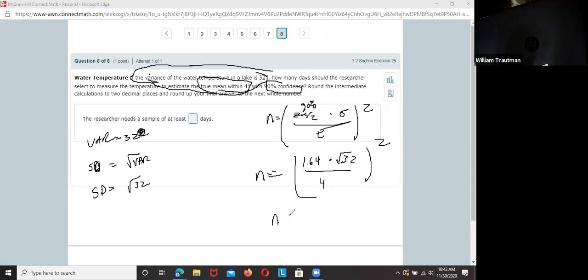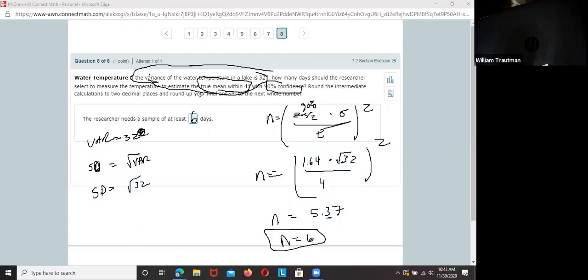And we get a very small number. I get 5.37. But remember, when you get any bit of a fraction, you have to take it up to the next whole number. So the sample needs to be at least 6, if I typed in everything correct. 1.64 times the square root of 32, divided by 4.